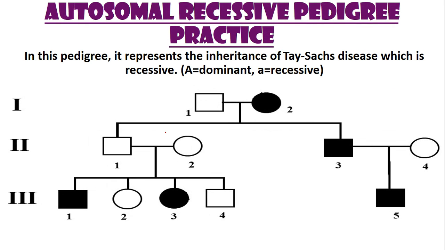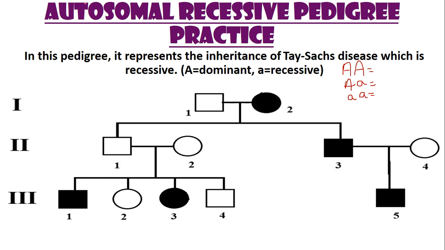And this is autosomal dominant. The other one I'm going to go over is autosomal recessive. This pedigree represents the inheritance of Tay-Sachs disease, which is recessive. So we're going to use the letter A here. We have our genotypes, big A, big A, big A, little a, and little a, little a.